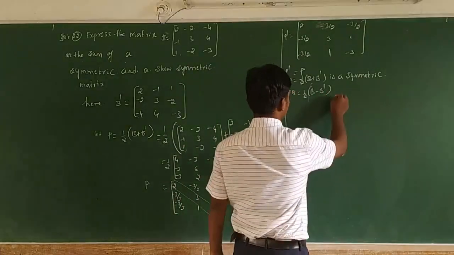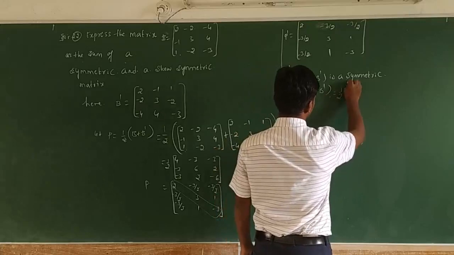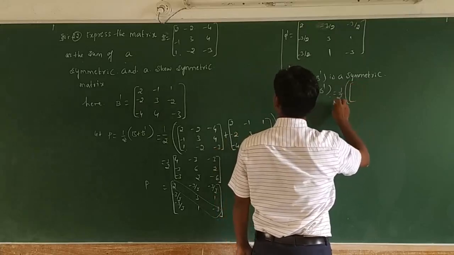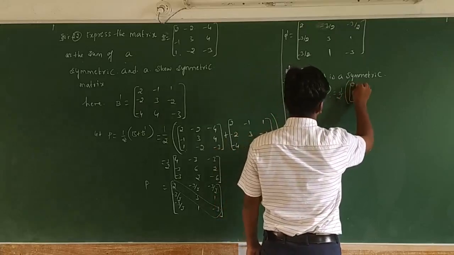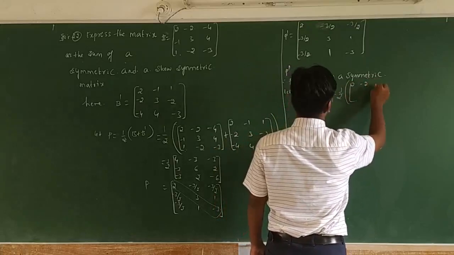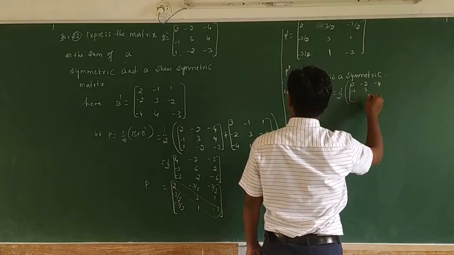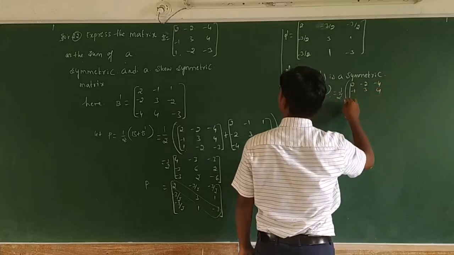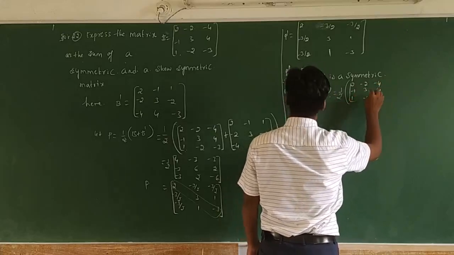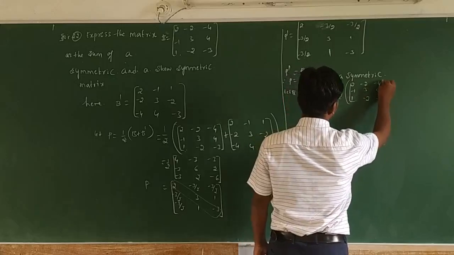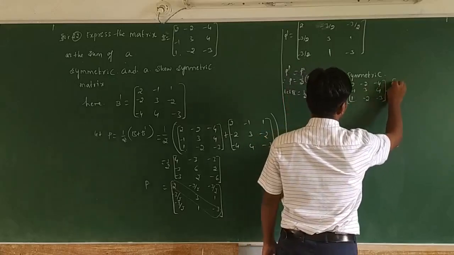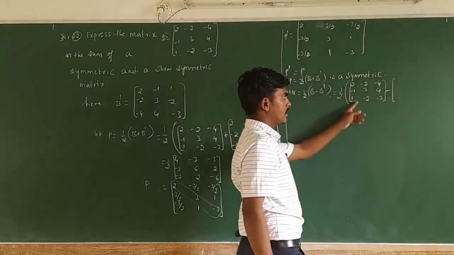So which is equal to 1 by 2. The matrix B is 2, -2, -4, then -1, 3, 4, then 1, -2, -3, minus the transpose of this matrix B.